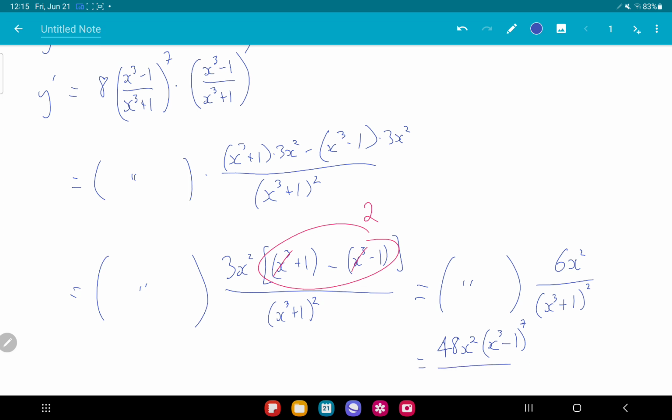And on the bottom, what do I got? I got a power of 2 here and a power of 7 here. So it's going to be giving me a 2 plus 7 is 9 is my exponent downstairs. 9. Okay, pause and copy if you haven't done so already. And we'll move on.